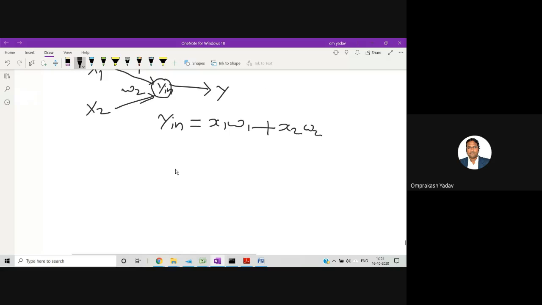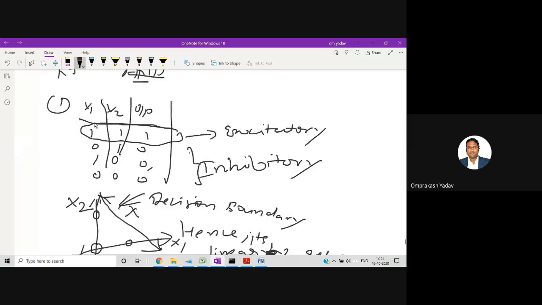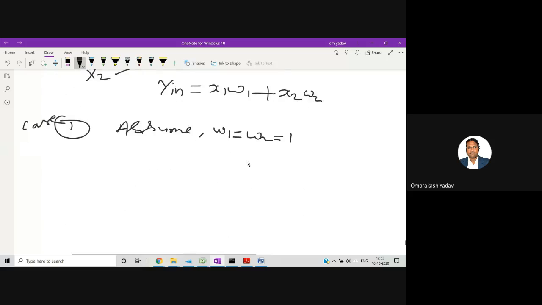Now let's assume the first case, case 1: w1 is equal to w2 is equal to 1. Let's assume this and then try to solve this problem. For every input pair we are going to calculate what the output y is.